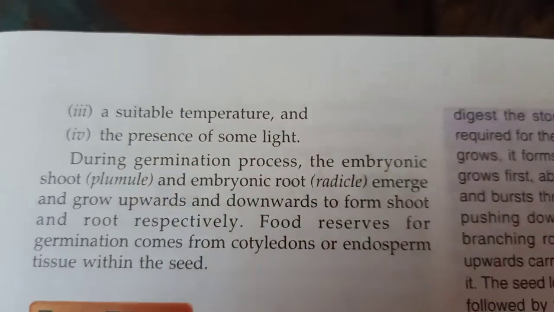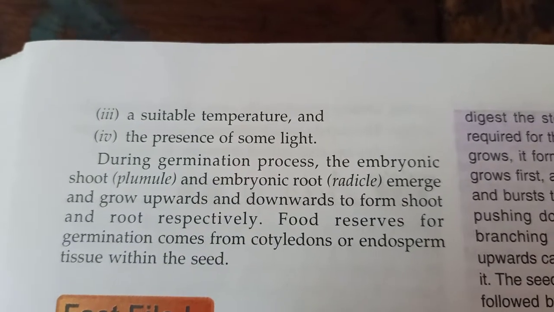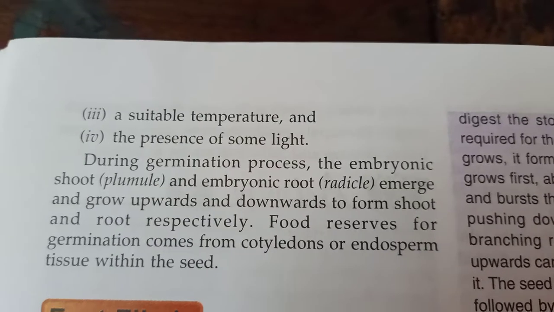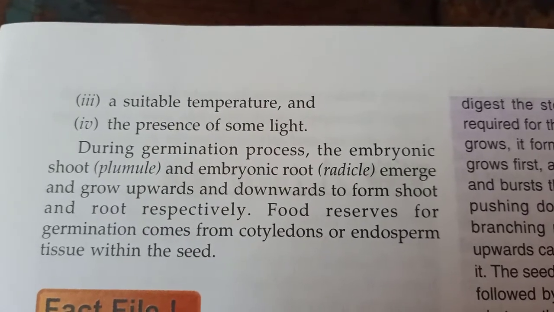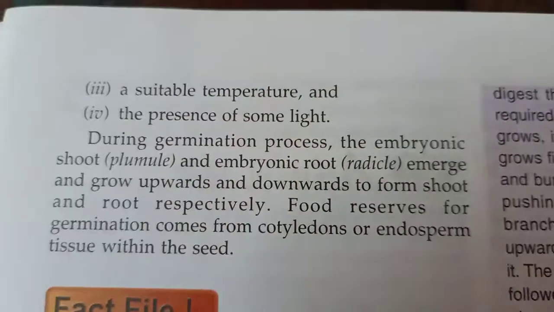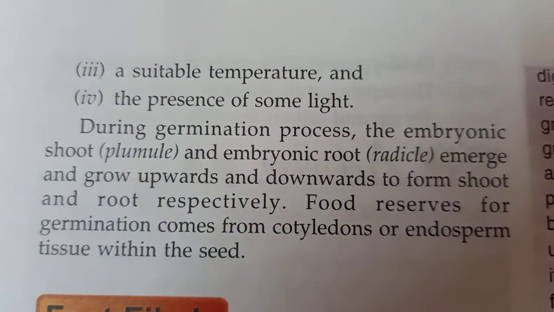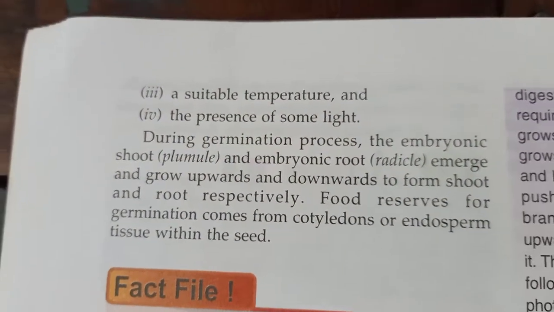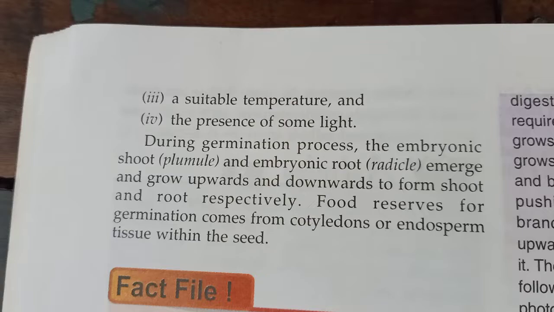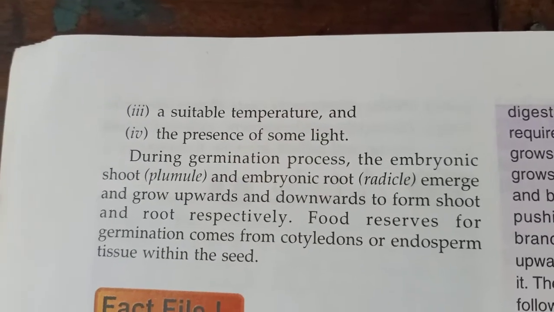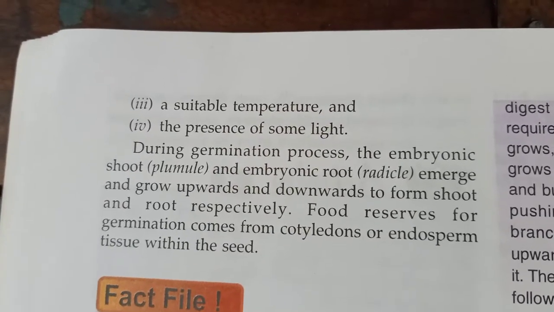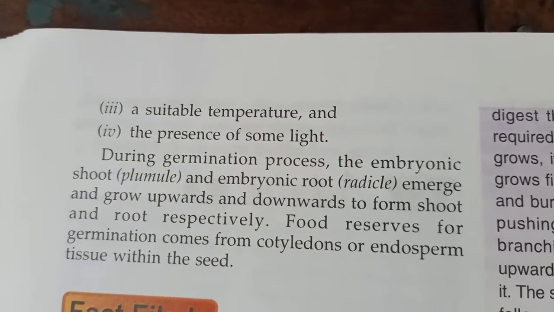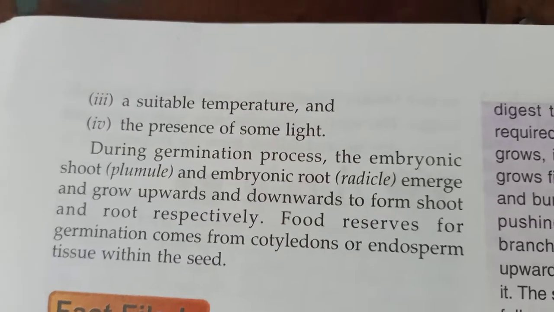Now during the germination process, the embryonic shoot, plumule, and embryonic root, radicle, emerge and grow upwards and downwards to form shoot and root respectively. The shoot grows in the upward direction, and the root grows in the downward direction, and in this way they form the shoot of the plant as well as the root of the plant.